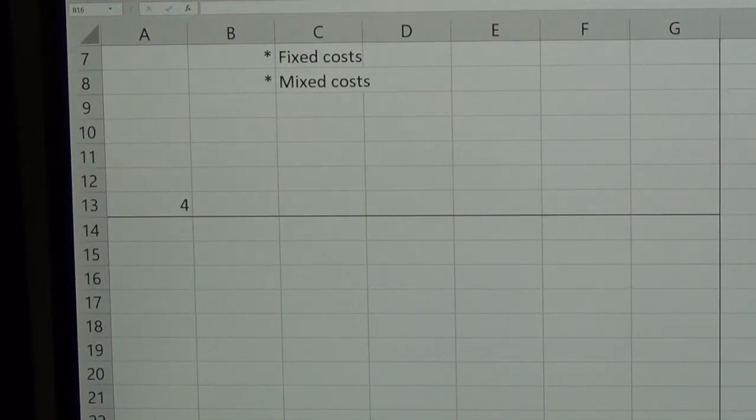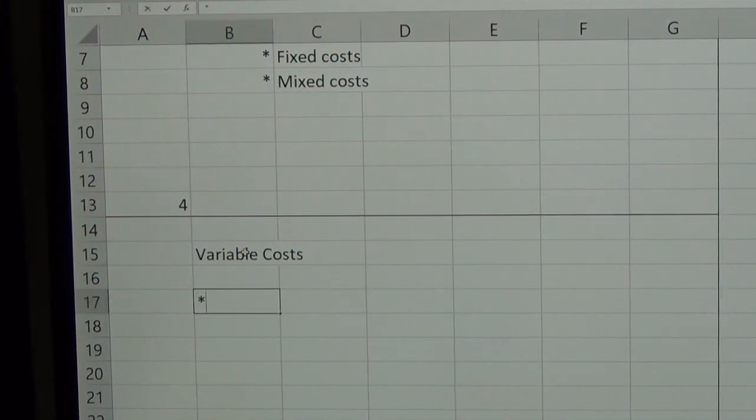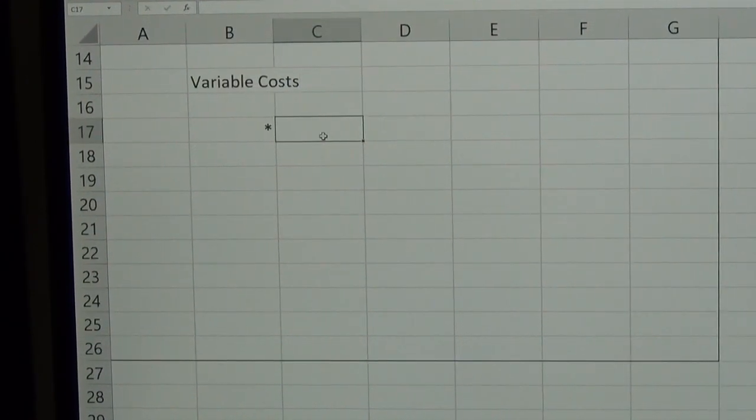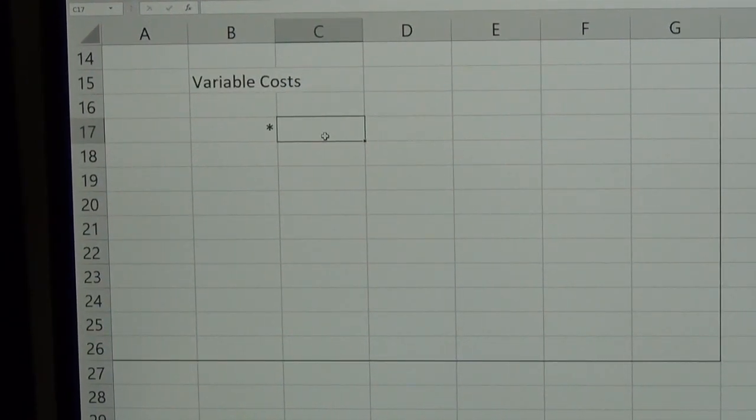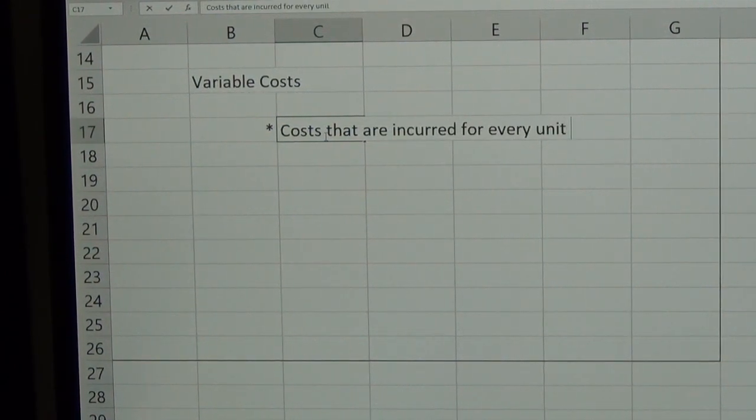So the first thing we'll talk about is variable costs. So we'll put variable costs up here. What we're talking about with variable costs is defined by the way the textbook points it out: variable costs are costs that are incurred for every unit of volume.